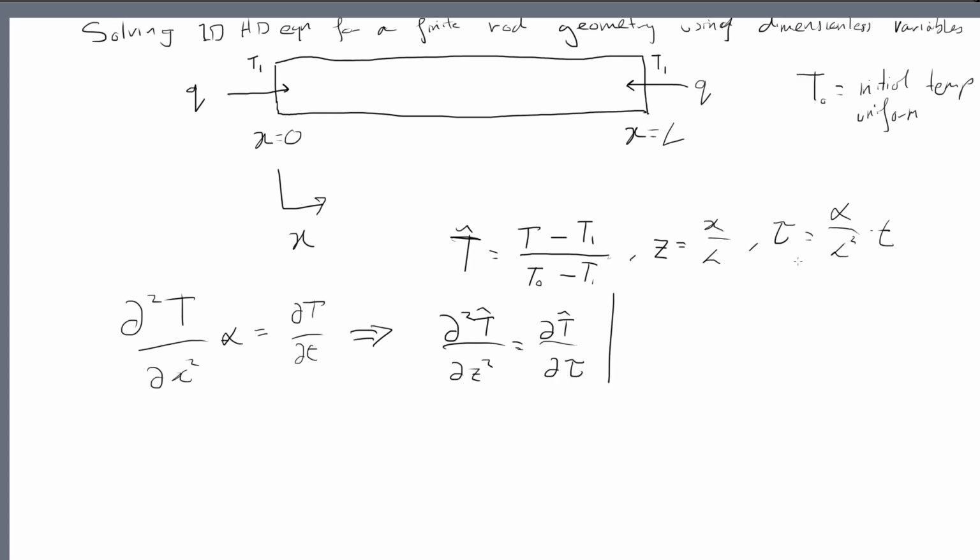So let's write some boundary conditions. We know that at time equals 0, the rod is uniform in temperature at T0. And then at time greater than 0, we instantly raise the temperature of the sides of the rod to T1. So let's start with our temporal boundary condition.